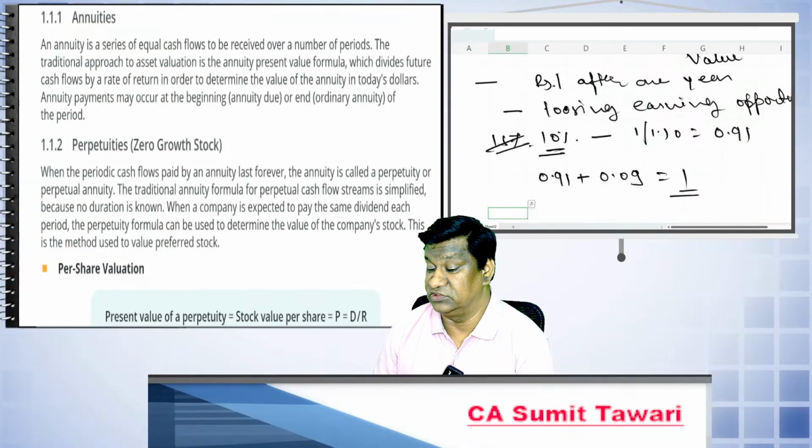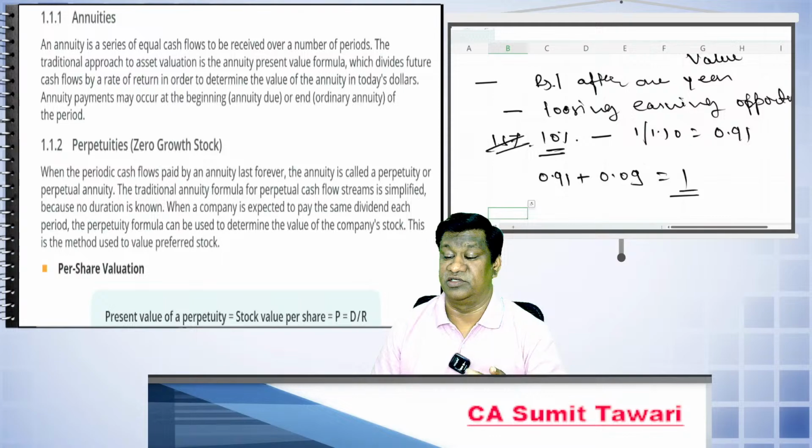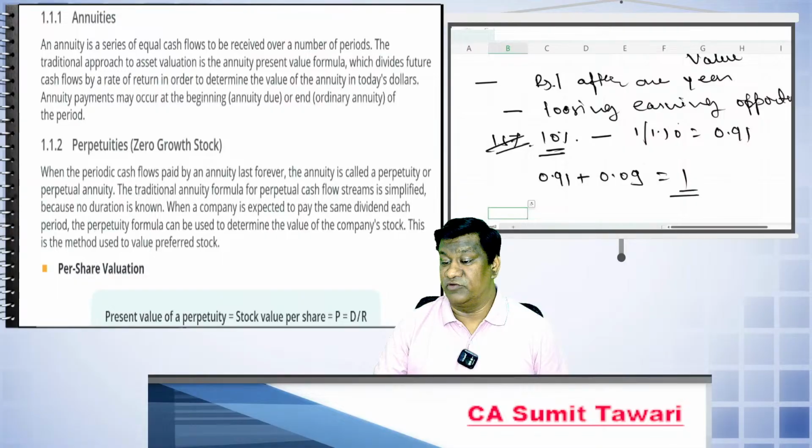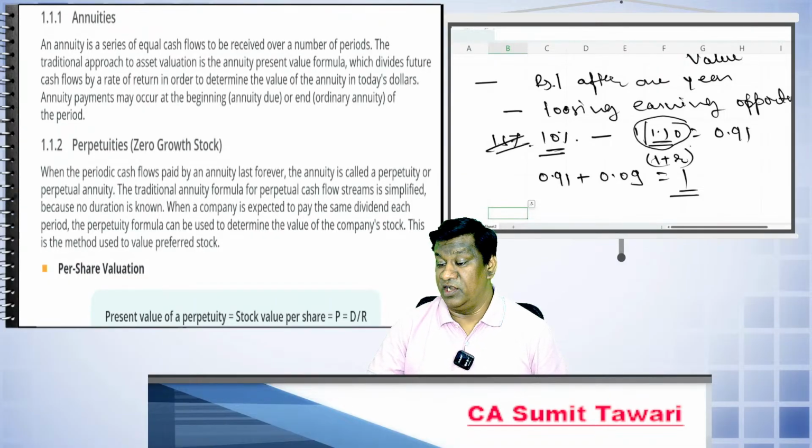And the 10% is the discounting rate, or expected return, or hurdle rate, that you are going to use for calculation of the discounting factor. So whenever you are calculating the discounting factor, you need to divide by 1 plus r, and for multiple periods, it is raised to n.